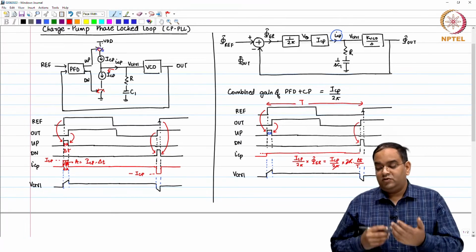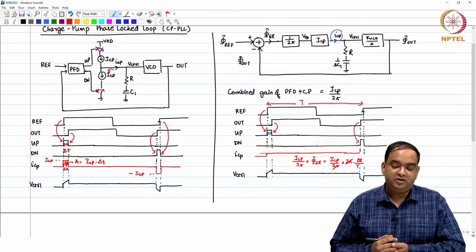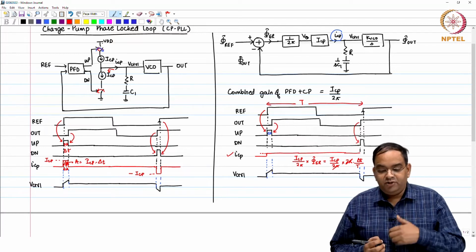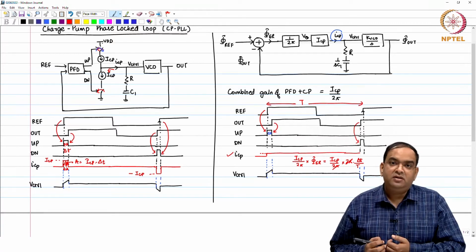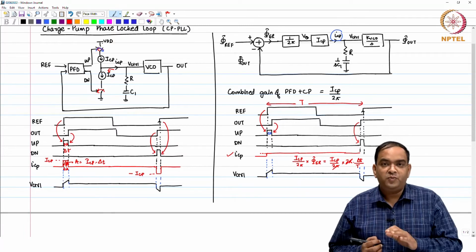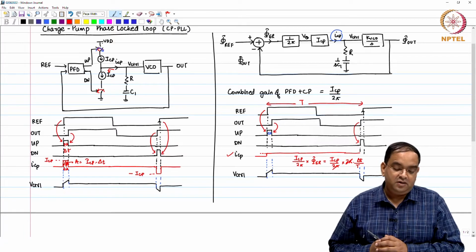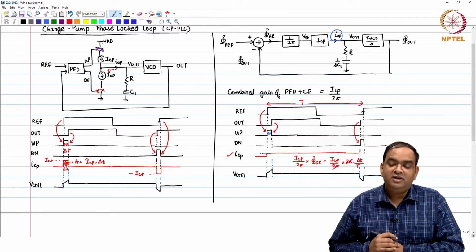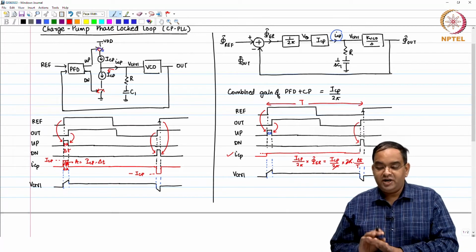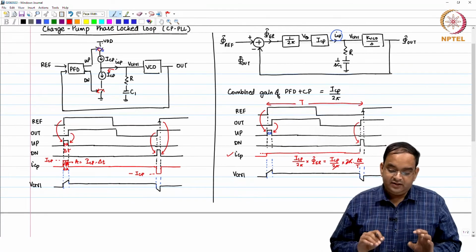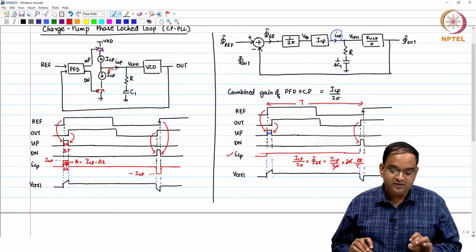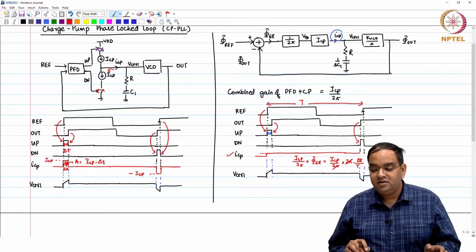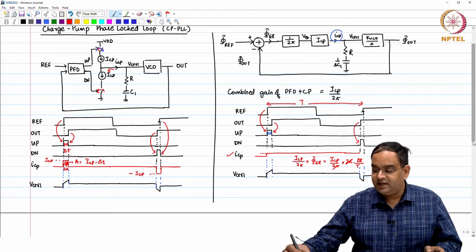Under those assumptions you can approximate your charge pump current like this. We will see later that when the bandwidth of this whole loop is much higher, or becomes closer to the reference frequency, then our assumptions will not be valid. So, for now assume that the assumptions which we have made are valid, and the relationship between the actual operation and the operation in our small signal model is as shown.